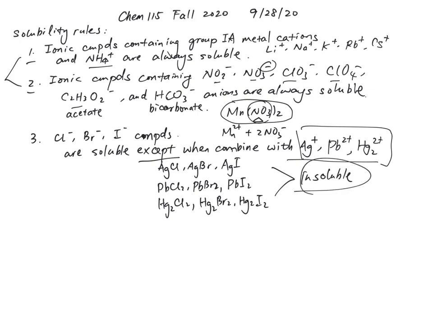Now, if these show up on the product side of a solution chemical reaction, then they are precipitates. Now, other chlorides, other bromides, other iodides, you see them, they dissociate 100%.